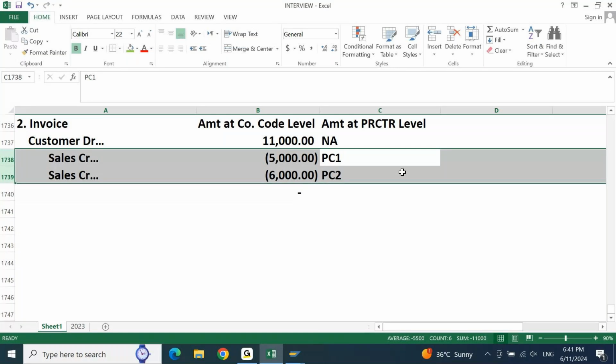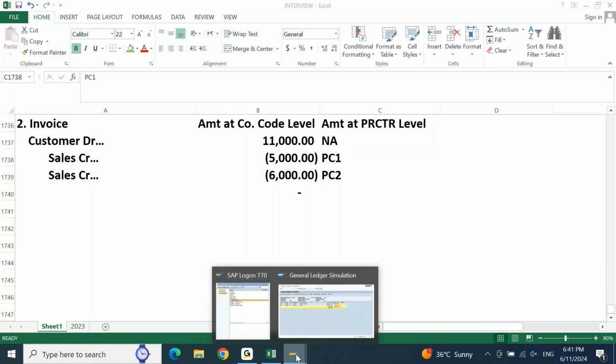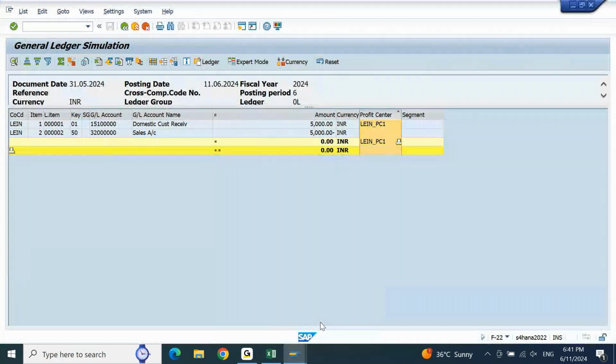Now in this example, what are we expecting the system to do? You are expecting the system to split the customer line item into two partitions according to the profit center. I'll try to simulate this entry now. I'll keep this entry as it is and open one more window.